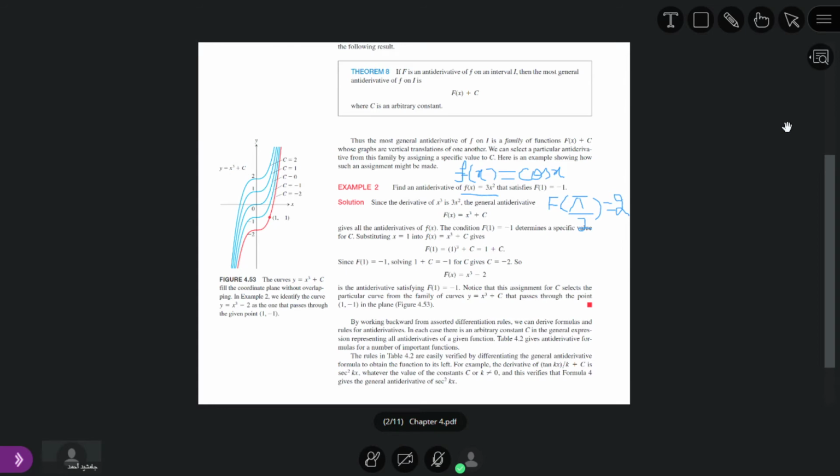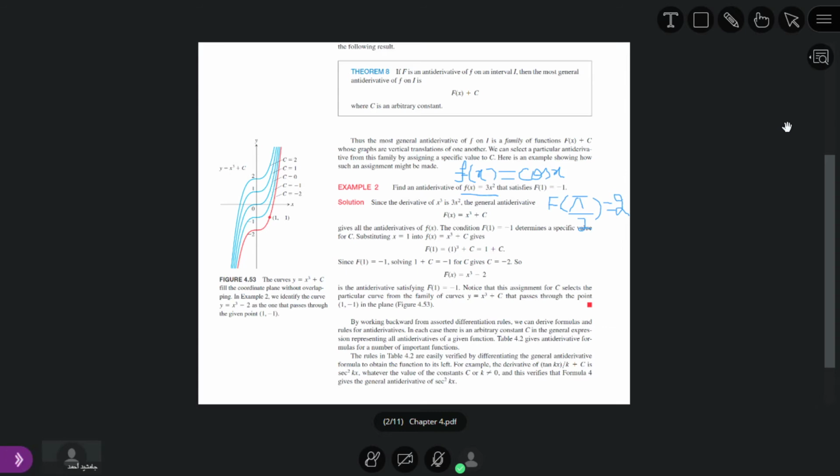Cosine x. No, a little small change. Yes, you are correct, but no. Okay, solve again. Almost there. Sine x.